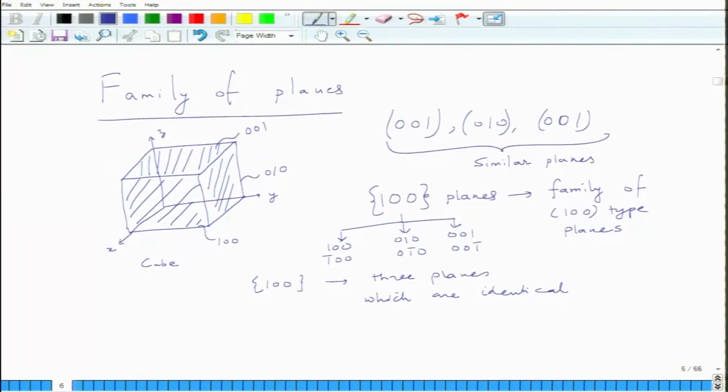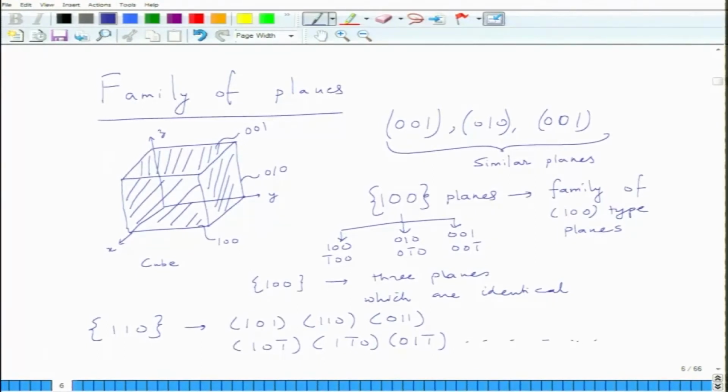Okay. Similarly, if you look at 1 1 0, 1 1 0 would imply 1 0 1, 1 1 0, 0 1 1. It would also imply 1 0 bar 1, 1 bar 1 0, 0 1 bar 1, and you can make some more combinations out of it. So, I will just leave them to you.